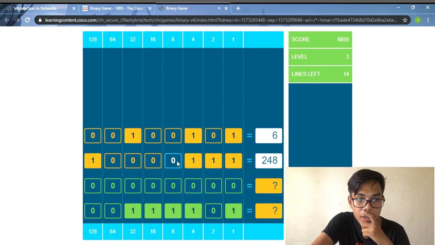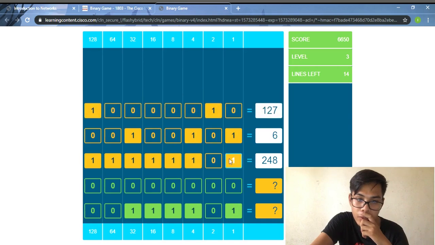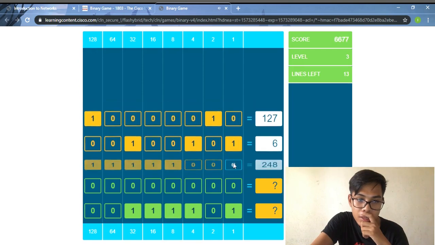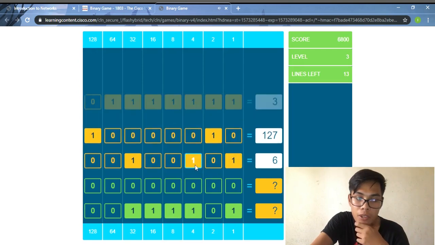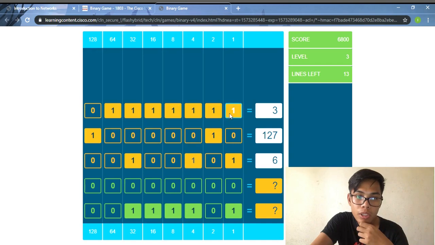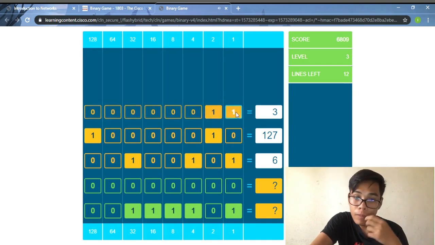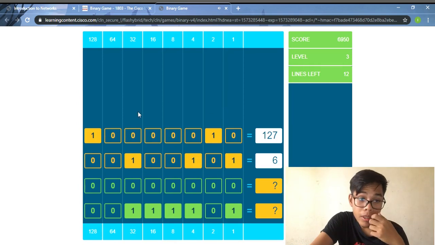All of this, I think, without 2. No, all of it is 255. So we need to eliminate 7. So this. So 3, we need 3. Just need 2 and 1. 127.